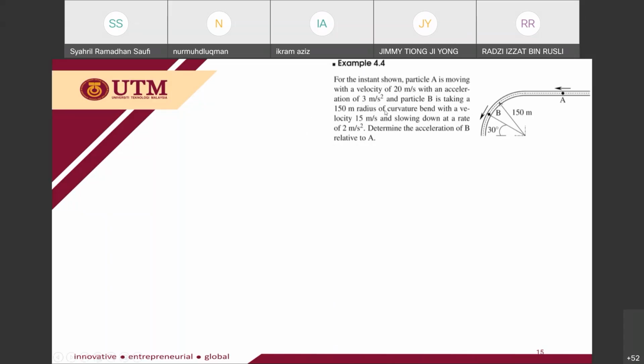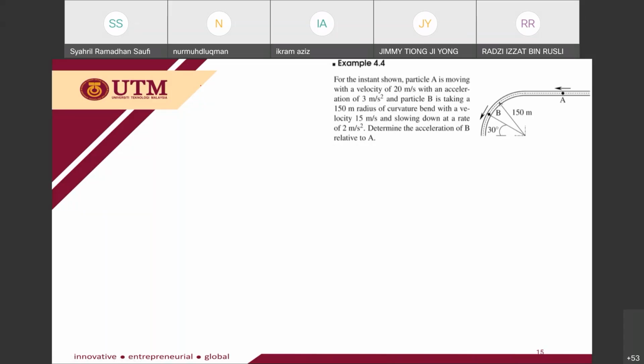And particle B is taking a 150 meter radius of curvature bend with a velocity of 15 meter per second and slowing down at a rate of 2 meter per second squared. Then you need to determine the acceleration of B relative to A.